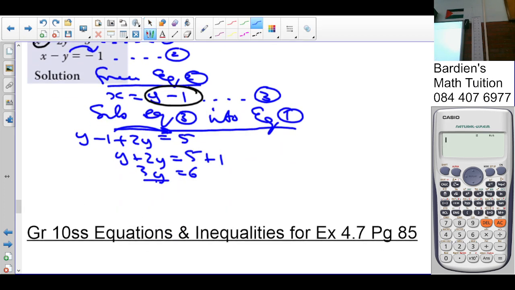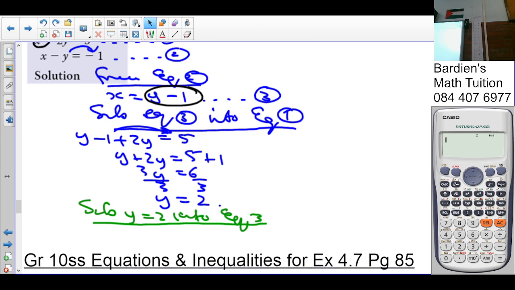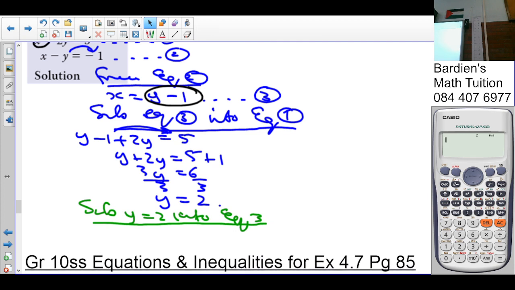Divide by 3 both sides. So y is equal to? So what do we do now? We substitute y is equal to 2 into equation 3. Why into equation 3? Because already we have x as being the subject of the formula. So x is equal to 2 minus 1, which is?